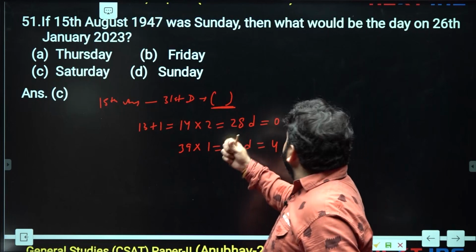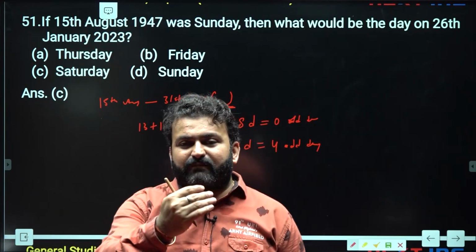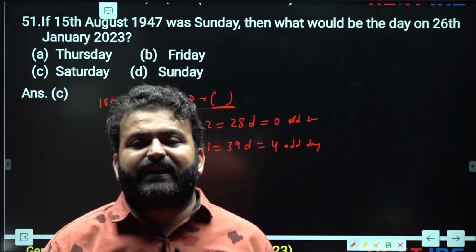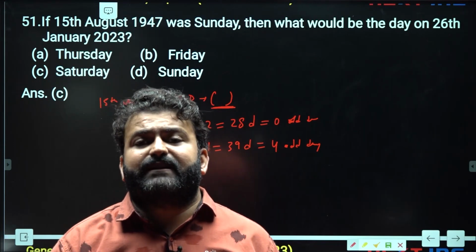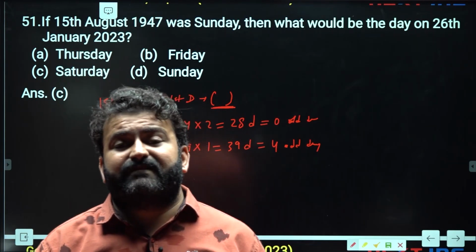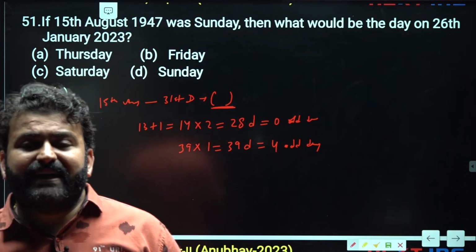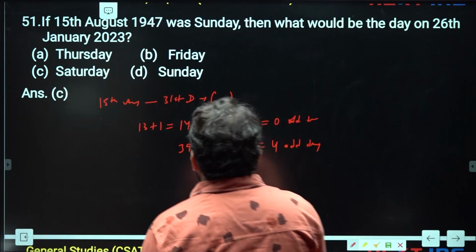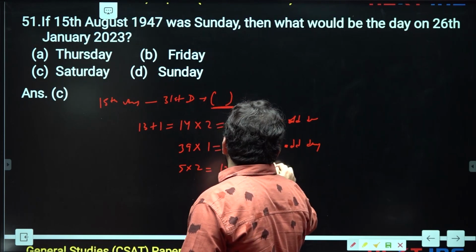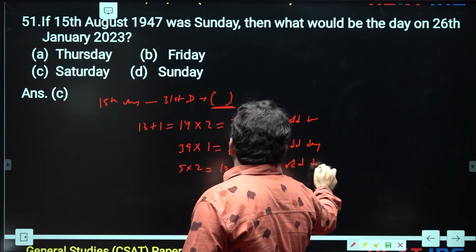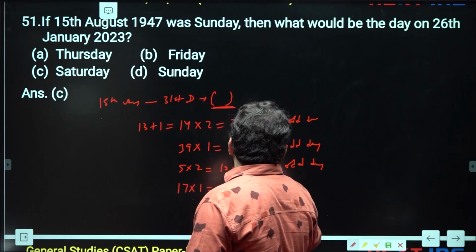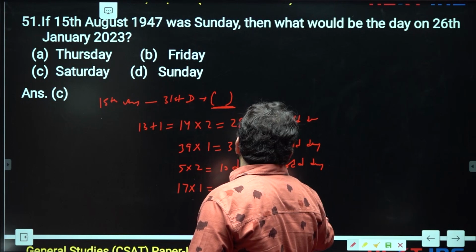Similarly, you check from 2001 to 2022: there are 5 leap years and 17 normal years. 5 leap years, 5 into 2, that is 10 odd days, which is finally 3 odd days. And in the remaining 17, 17 into 1, 17 days, you again get 3 odd days.